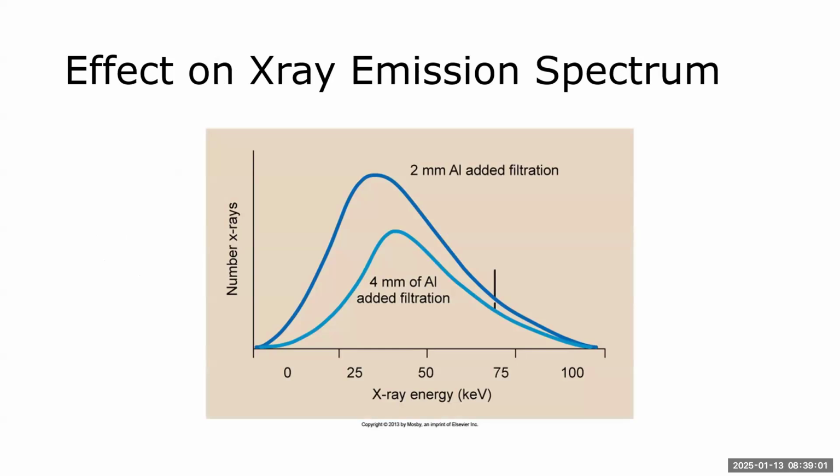The effect on, we have like 2 minutes. The effect on the X-ray emission spectrum. So the way you read this is we have quantity on the y-axis and we have quality on the x-axis. Okay, so you can see X-ray energy is on X, number of X-rays, quantity is on Y. So as we add filtration, so here, let's say we start out with 2 millimeters of aluminum filtration and we double that to 4.